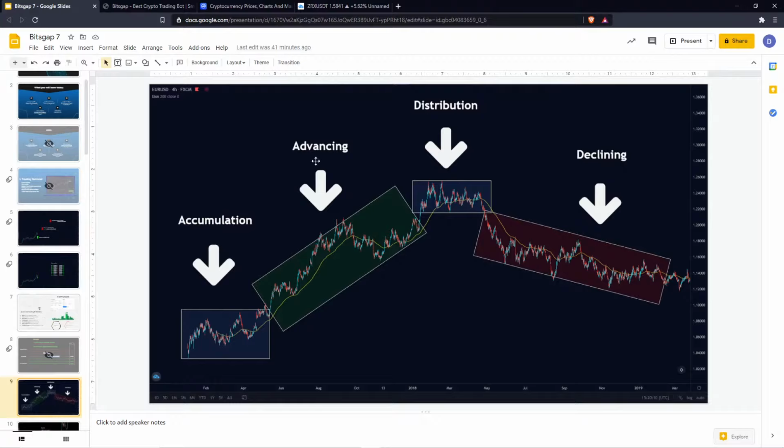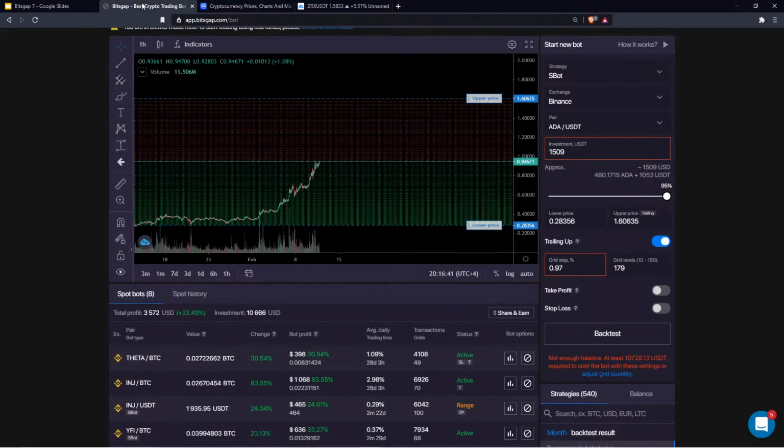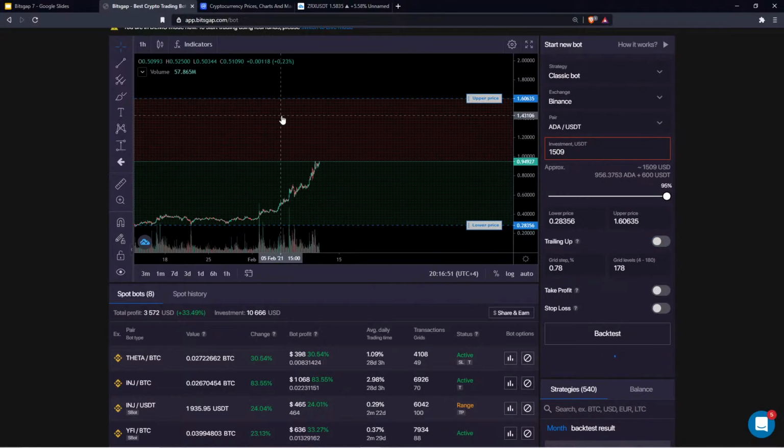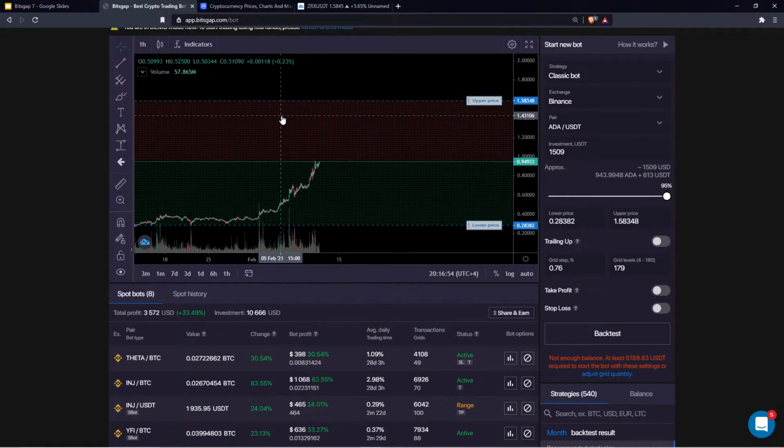So for example, what is typical for the advancing mode? For the advancing, we stick with the classic configuration because the classic bot distributes your investments so that it always buys and sells the same amount of crypto.